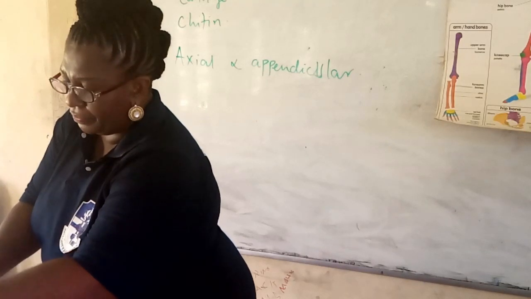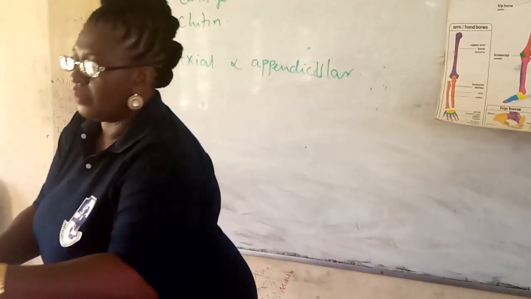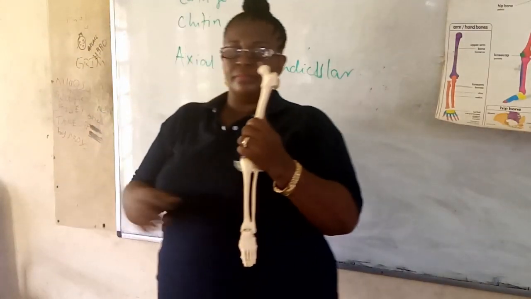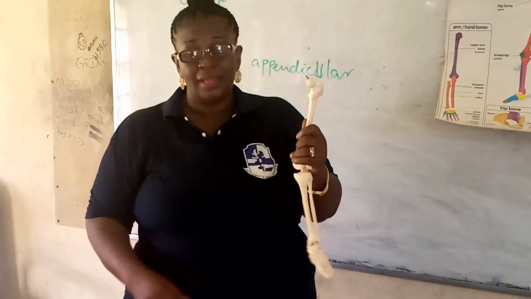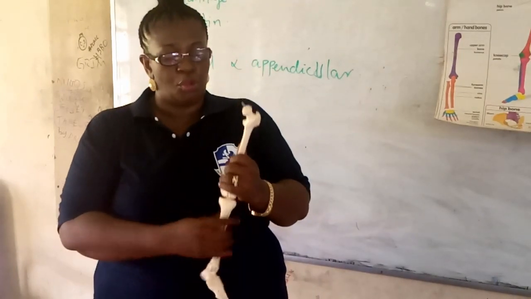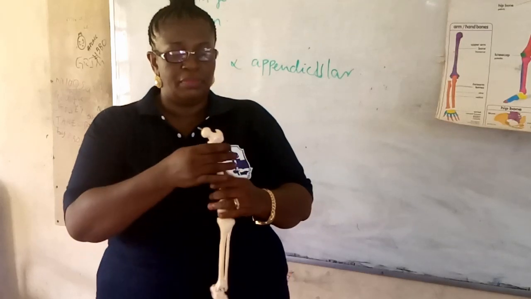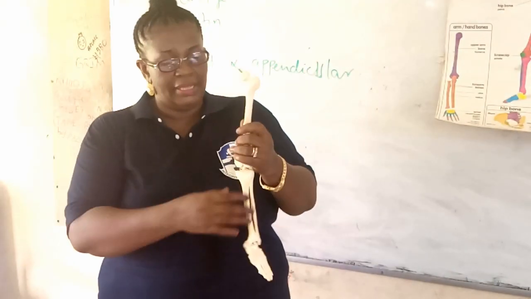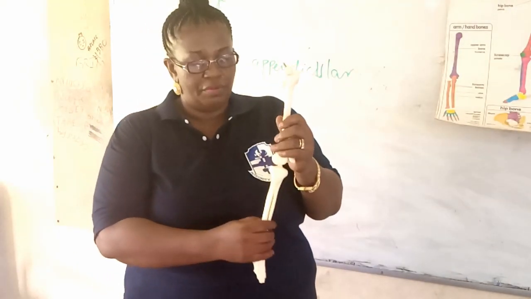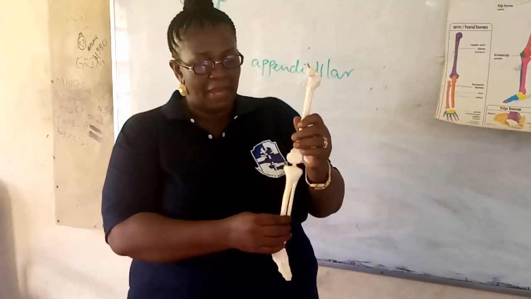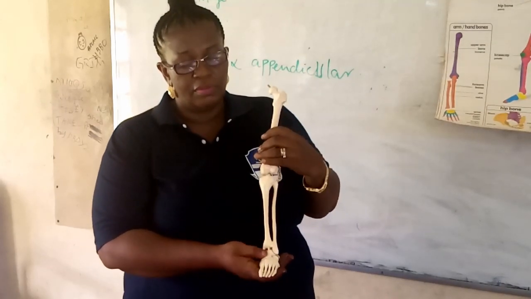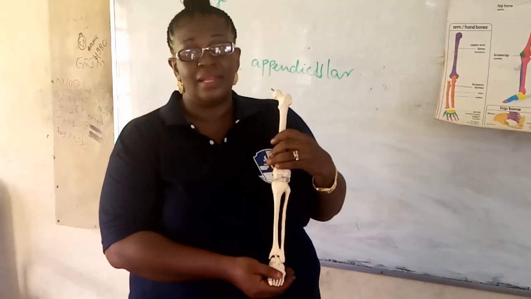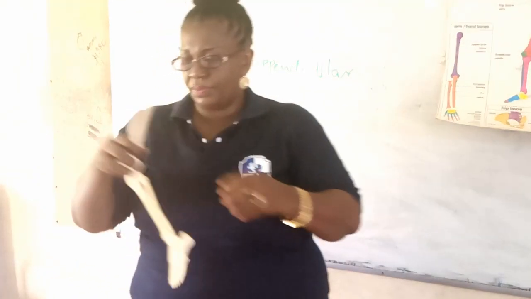Here we have a bigger and maybe stronger structure because it has to support the whole weight of the body. The humerus, which has a head that fits into the pelvic girdle. And then we have the tibia and fibula, the tarsals, the metatarsals, and the phalanges.